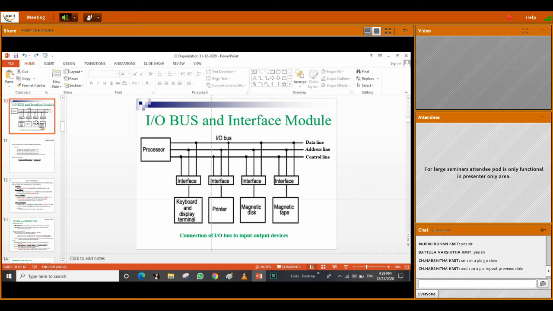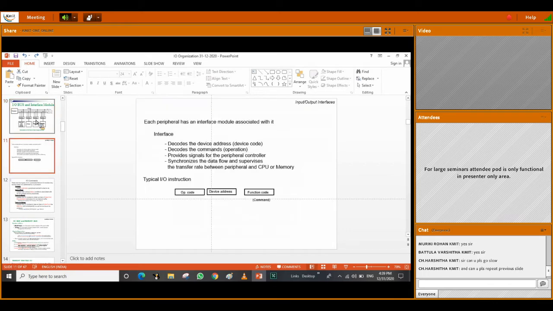Again, some instructions from this diagram.